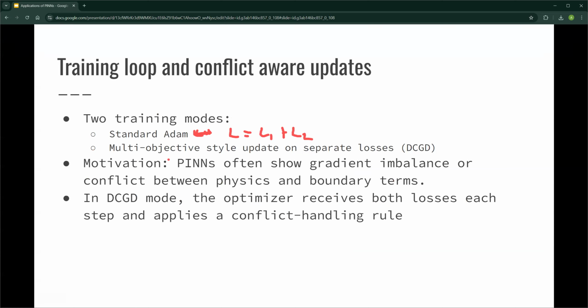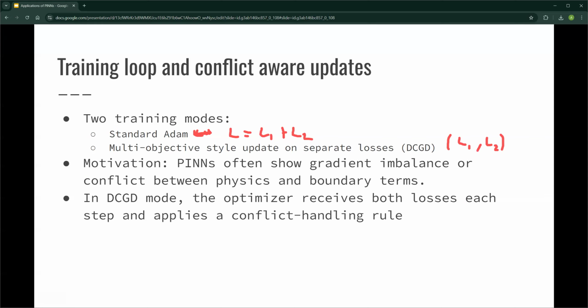The other solution is to have two separate loss functions and look at them independently. So we can train using standard stochastic optimization like Adam, using the combined loss.